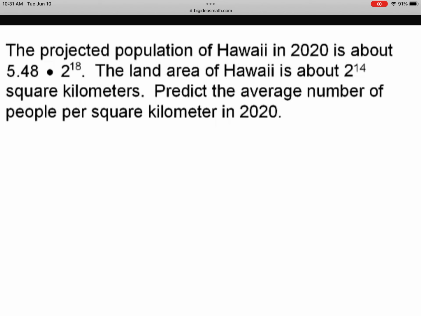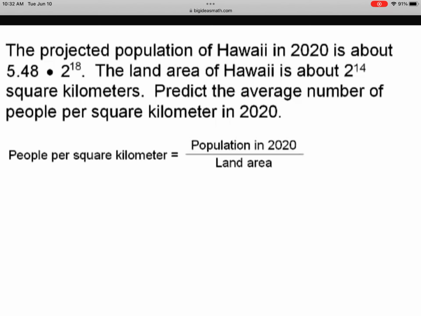We can use a model to find the average number of people per square kilometer in 2020. The people per square kilometer is equal to the population in 2020 divided by the land area.